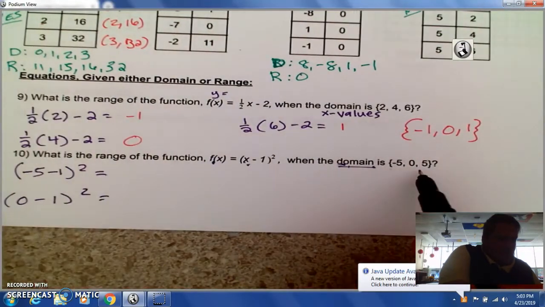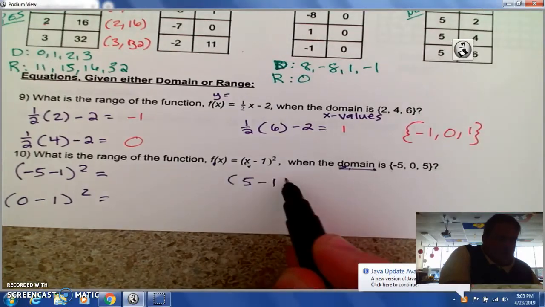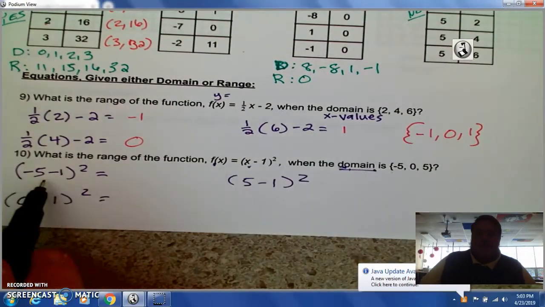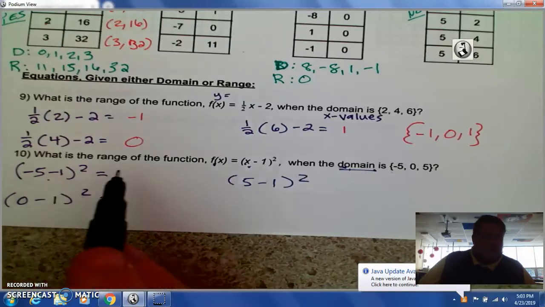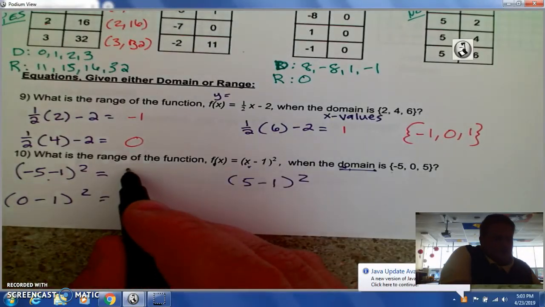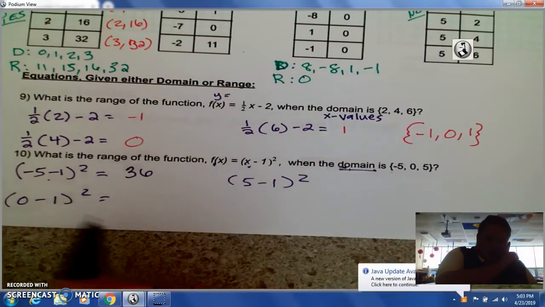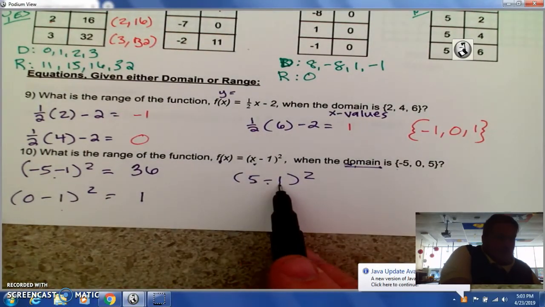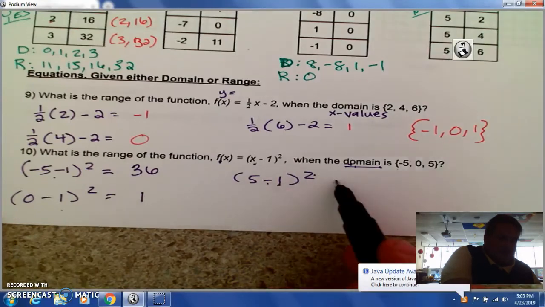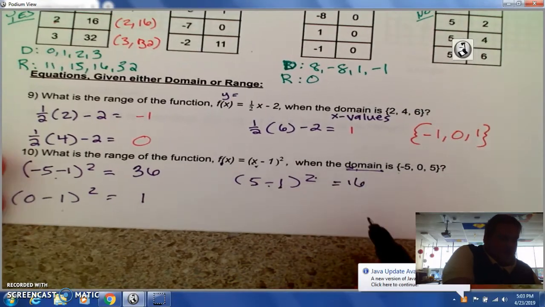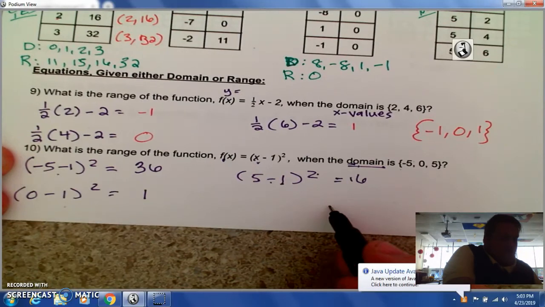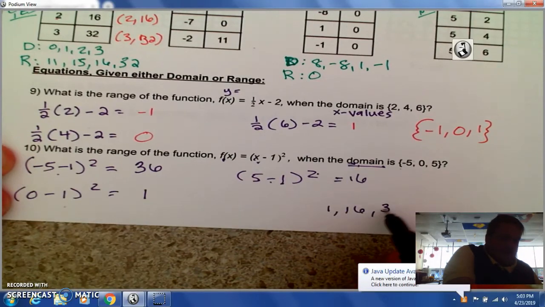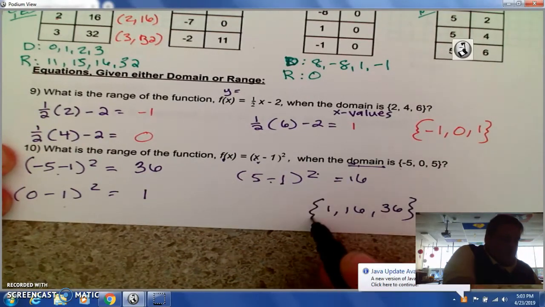And then we have 5 minus 1 squared. So negative 5 minus 1 is negative 6. Squared is 36. Negative 1 squared is 1. 5 minus 1 is 4. 4 squared is 16. So you're going to have 1, 16, and 36 as your range.